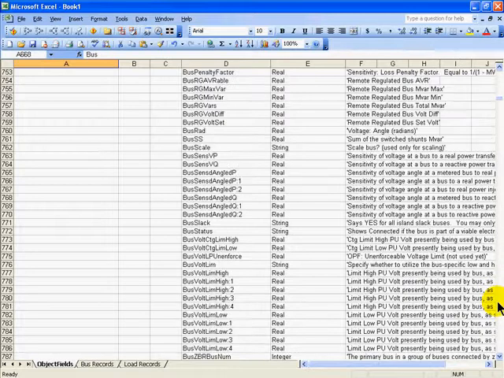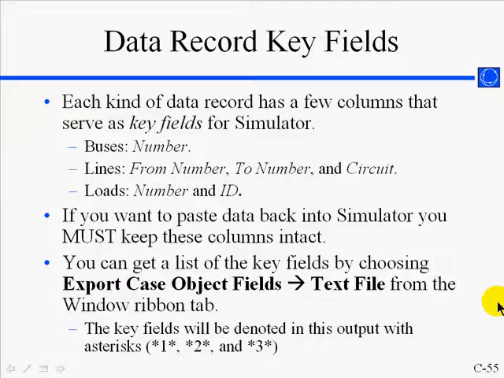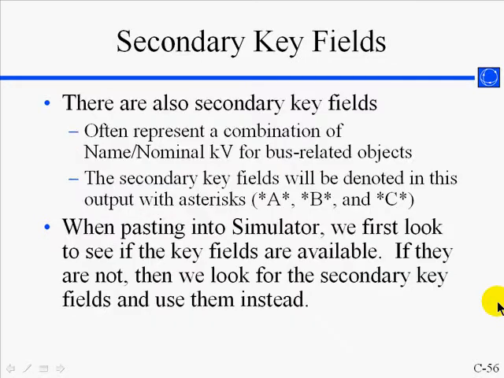And of course the slides provide more detail on what the key fields are, and the secondary key fields as well. So when you're pasting into Simulator, it's going to first look to see if the primary key fields are available. If they're not, then it'll look for the secondary key fields and use them. And of course, if neither the primary nor the secondary key fields are available, then it will not be able to paste the data back into Simulator, and you'll get that paste being grayed out.